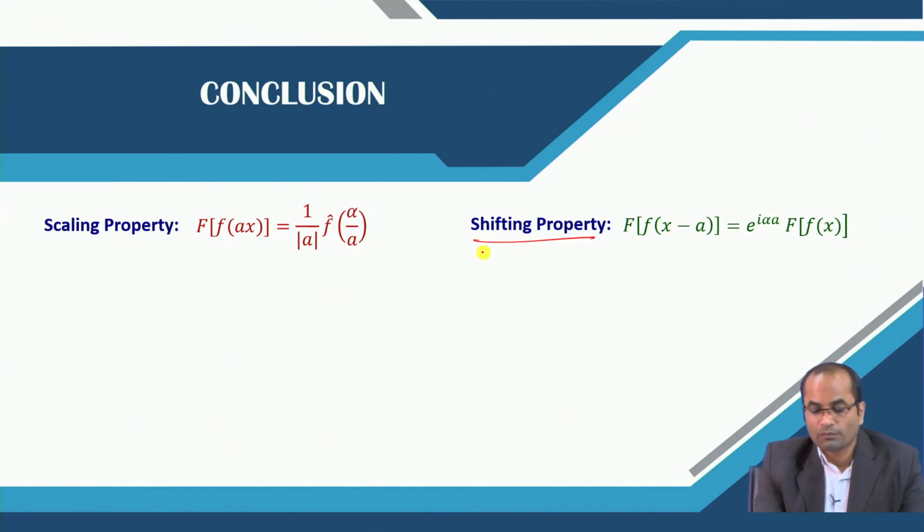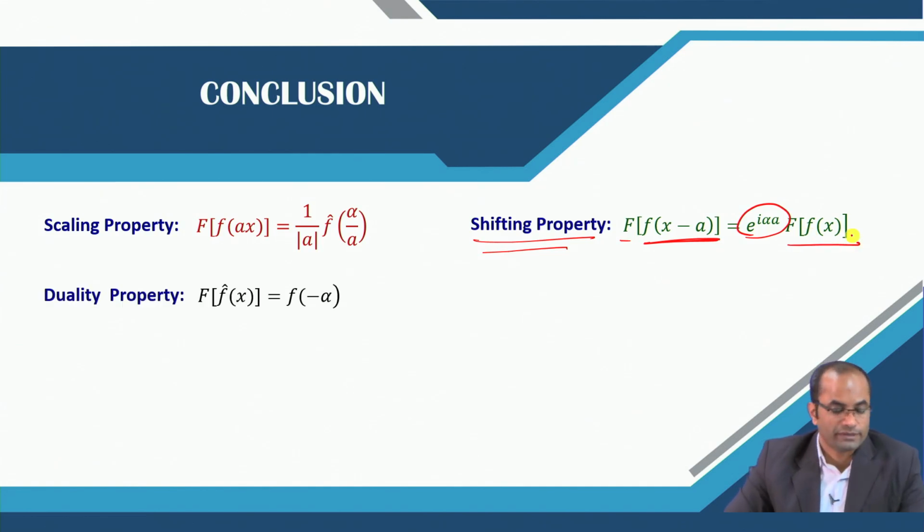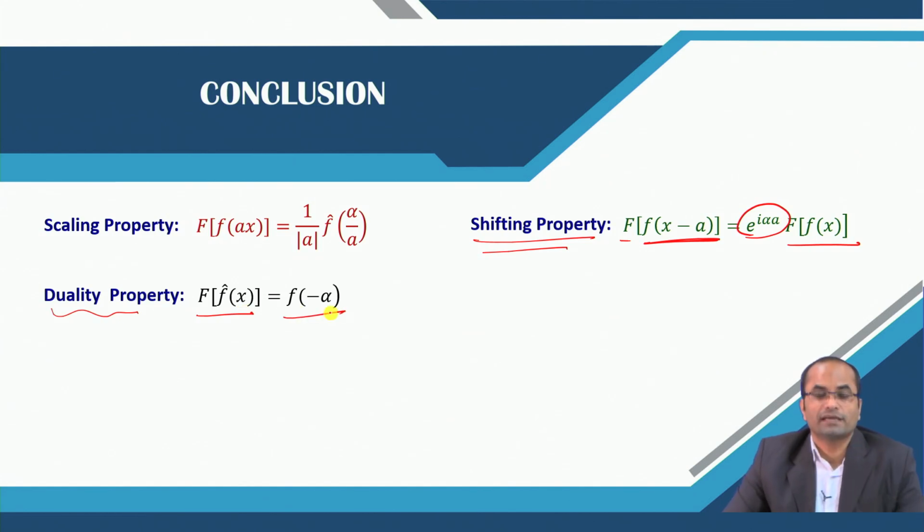There was a shifting property, which says the Fourier transform of f(x minus a) has an additional factor e power i alpha a times the Fourier transform of f(x). The duality property says that the Fourier transform of f hat(x) equals f(minus alpha).